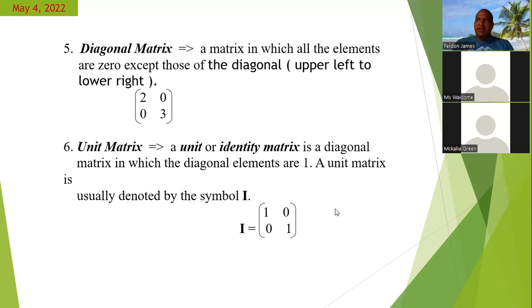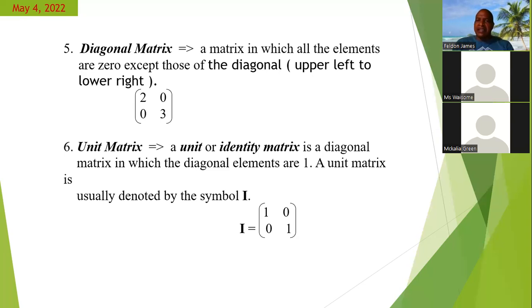Now, if you can recall, when we were looking at some properties of commutative and distributive and associative property, we also looked at identities. And we talked about the additive identity and the multiplicative identity.